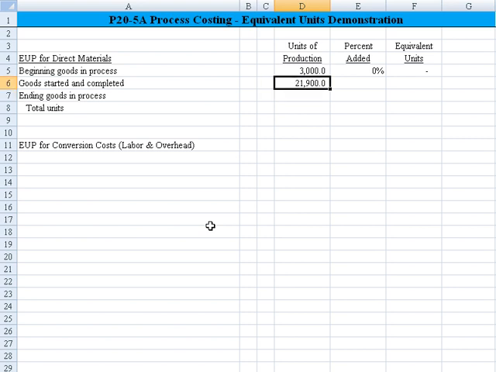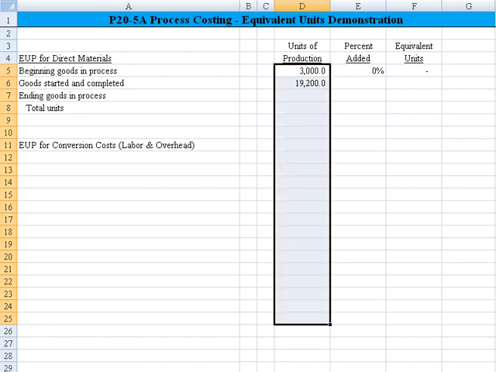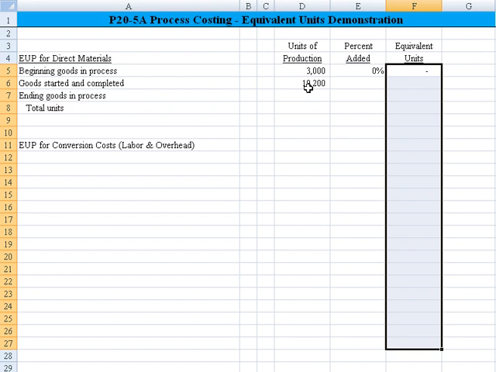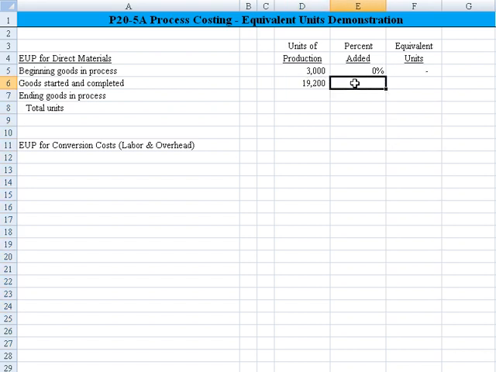So that gets us to, let me make sure I put the math in right. We need another 0 right there. Okay, 22,200 less the 3,000 from above gets us to 19,200. We really don't need a decimal point on there. And those represent 100% goods started and completed during the month. Multiply that.